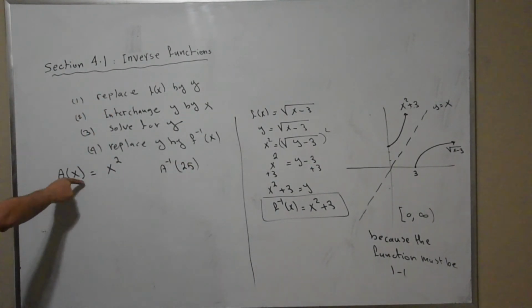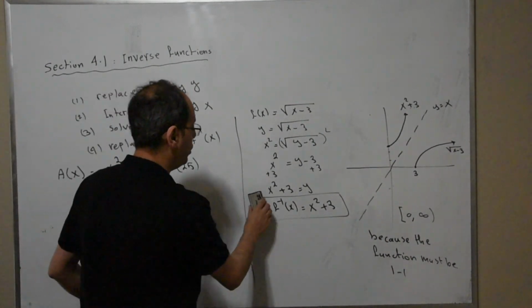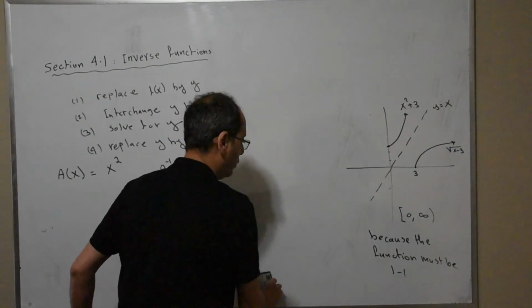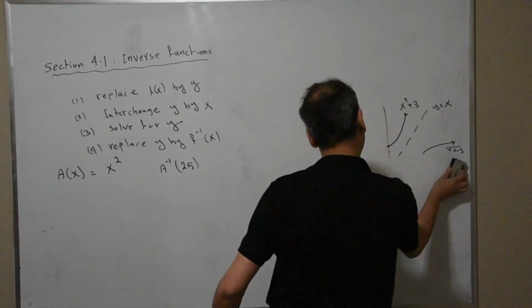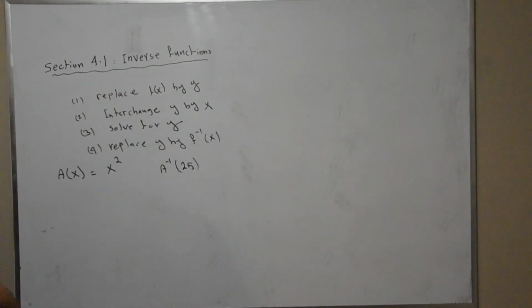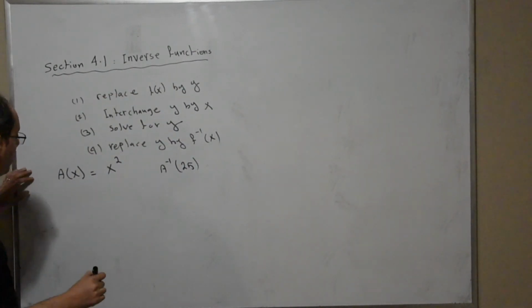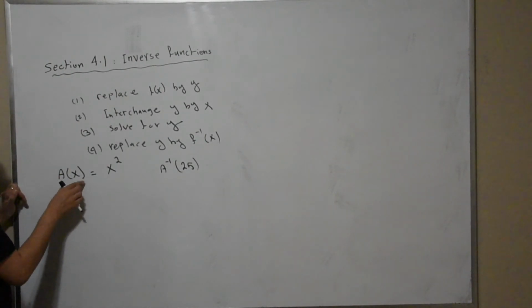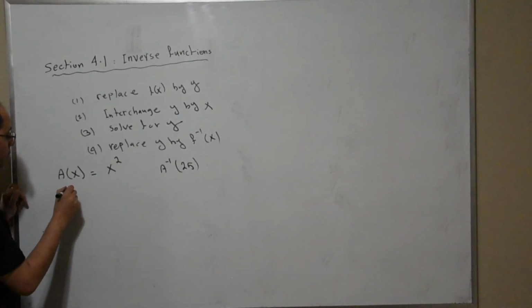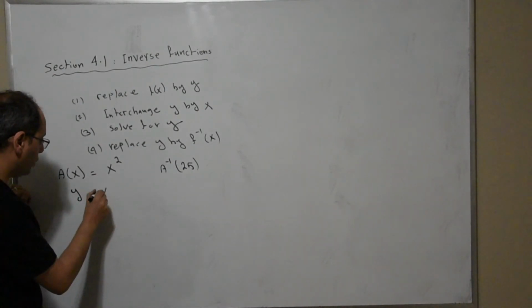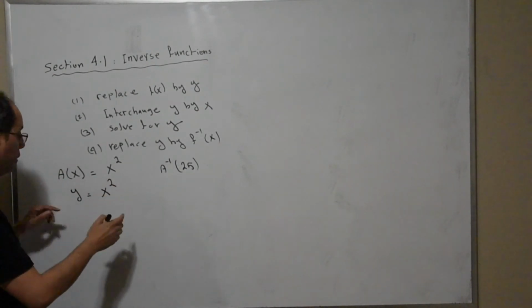So this function explains the area of the square. Alright. So now, in order to solve that, I'm going to use the 4 steps. So I'm going to call this y equal x squared, and then interchange.